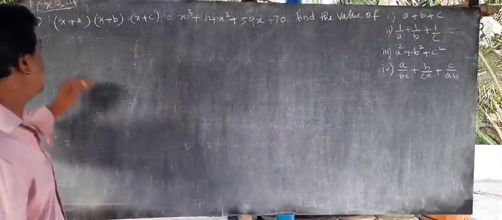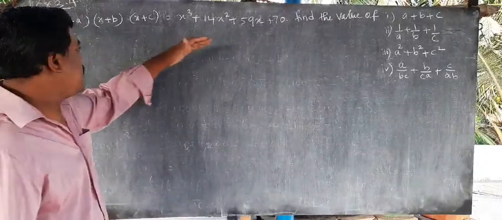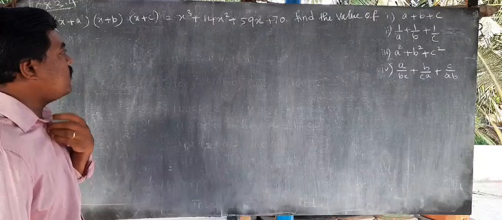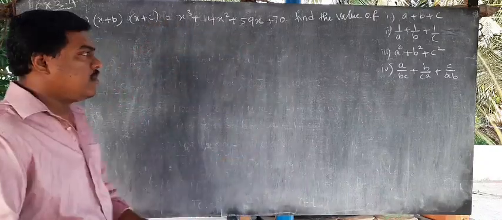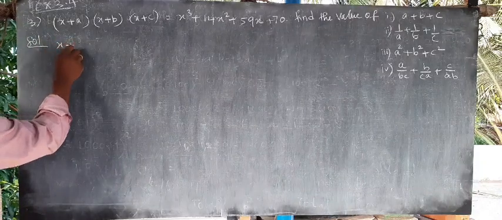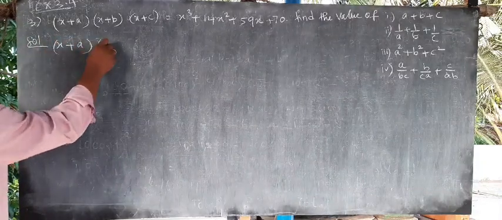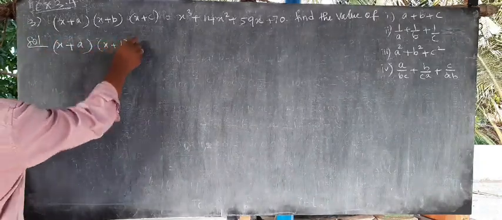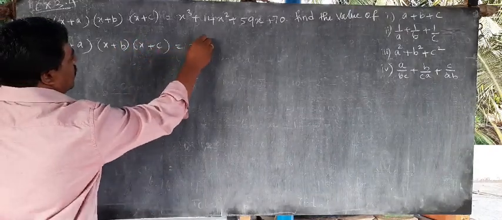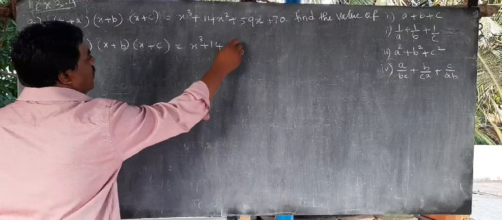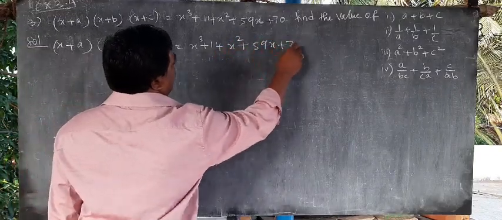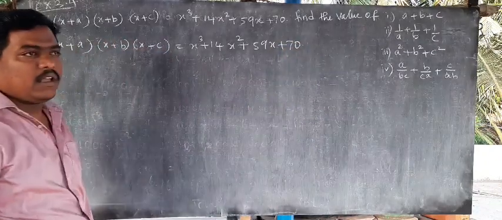So this is the given sum: x plus A, x plus B, x plus C equal to some function. I write this one: x plus A, x plus B, x plus C equal to x cube plus 14x square plus 59x plus 70, right?